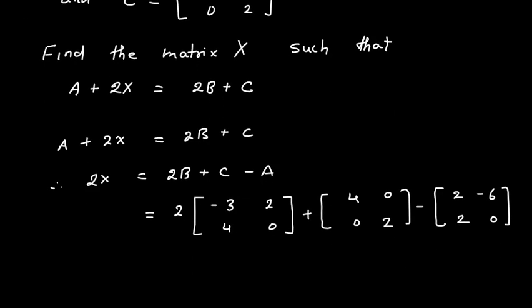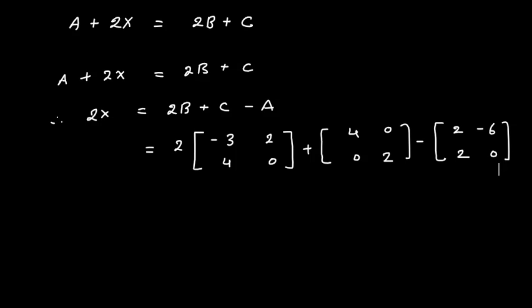Okay, so we got the value of 2X. Okay, so this is equal to, now 2 into minus 3 is minus 6, 2 into 2 is 4, 2 into 4 is 8, and 2 into 0 is 0.